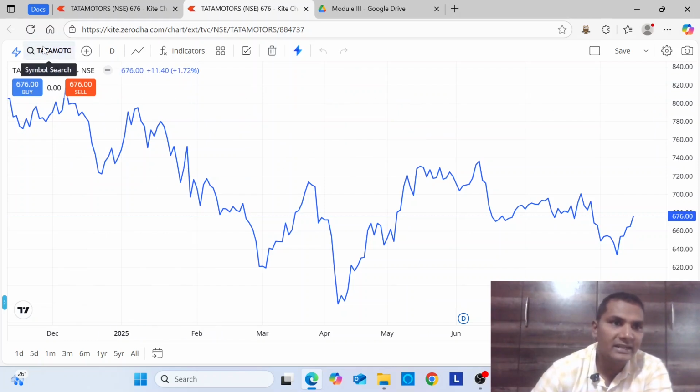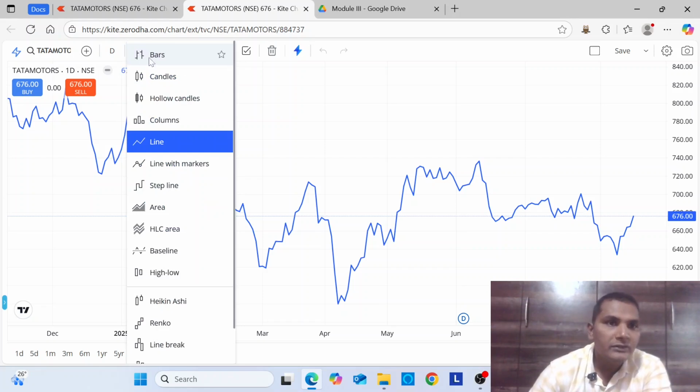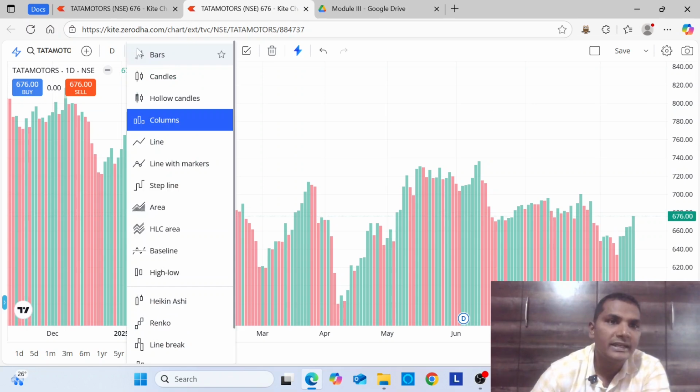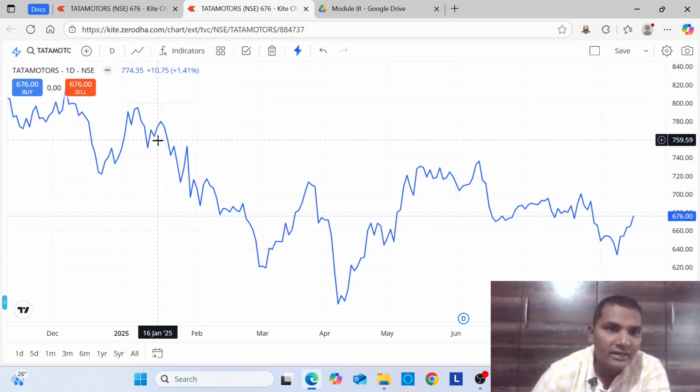This is the Tata Motors stock, and these are the different types of charts. If I click here, you can see multiple charts: the bar chart, candle chart, hollow candles, columns, line chart, step lines, Heikin-Ashi, Renko. There are different types of charts. We are going to select the line chart.